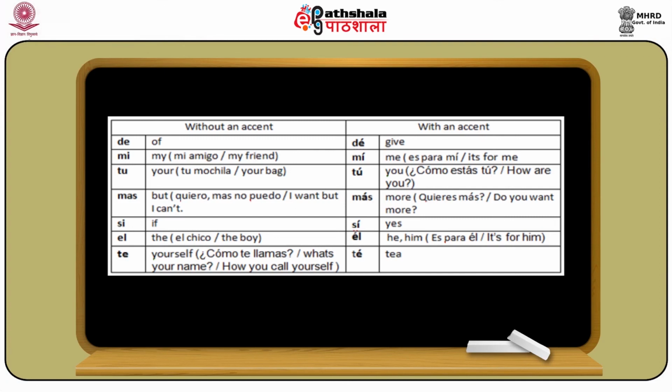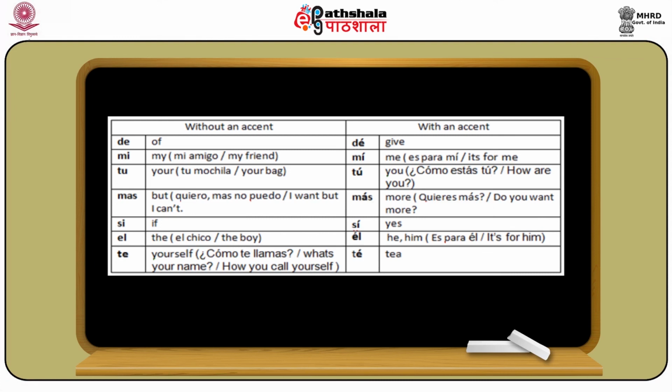Without accent, mi means my, but with an accent, mí means me. Without an accent, tu means your, and with an accent, tú means you. Same way, mas without an accent will mean but, and más with an accent means more.